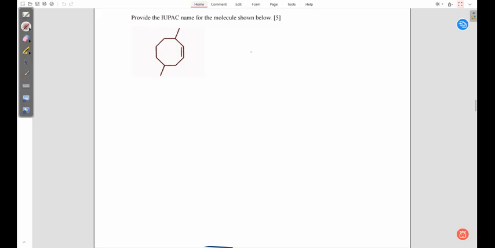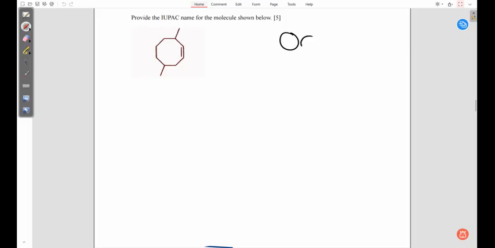These are cyclo compounds, so we add the name cyclo for the parent structure. Now there's a double bond somewhere there, so we can actually call it a cycloalkene. Now how many carbons do we have? 1, 2, 3, 4, 5, 6, 7, 8 carbons in the ring.